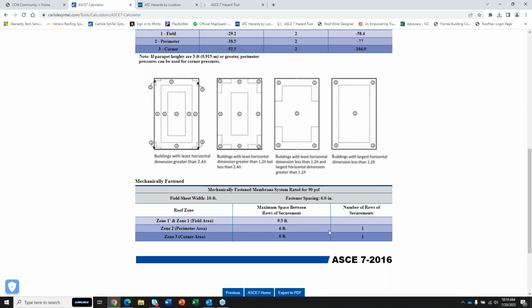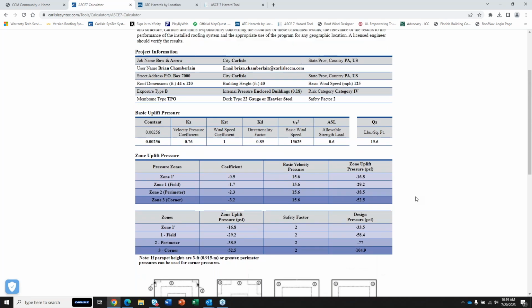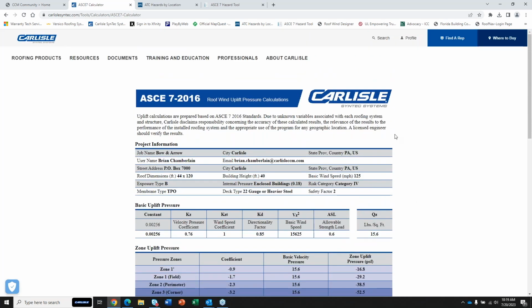Zone 2 would be 1 perimeter sheet, and that would be at 6 inches on center. And zone 3 would be 1 perimeter sheet for 6 inches on center. So that gives you an idea of being able to compensate and make sure that you're meeting the correct number of pressures and document necessary for the perimeter sheets for code.